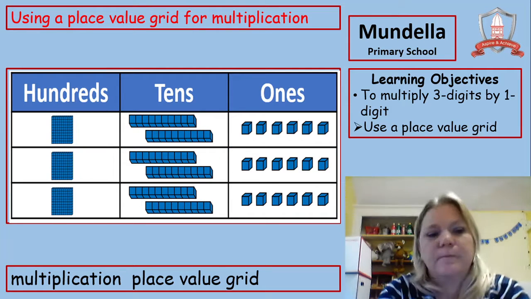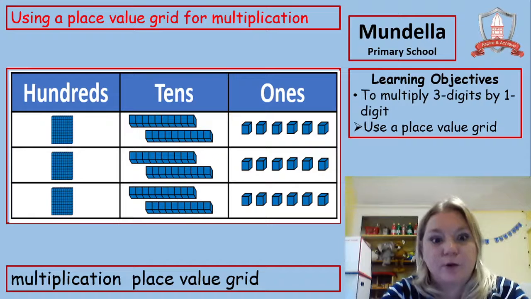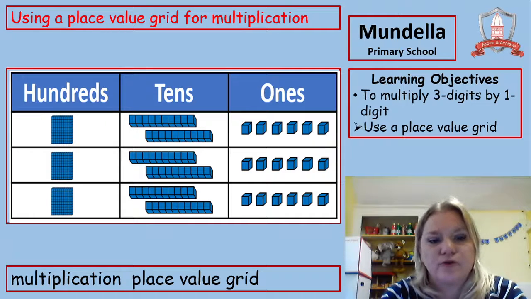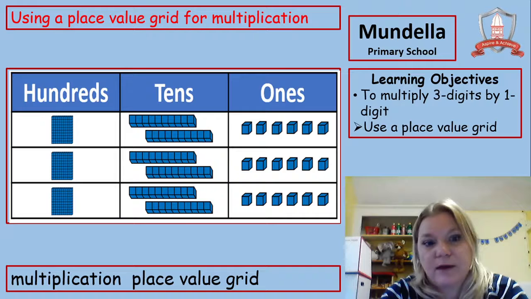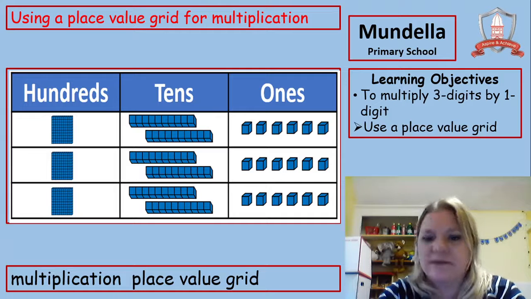What I've done is if you look at each row going across, you've got 100, 2 tens, which is 20, and 6 ones. And we did that 3 times because you wanted 3 lots of 126.